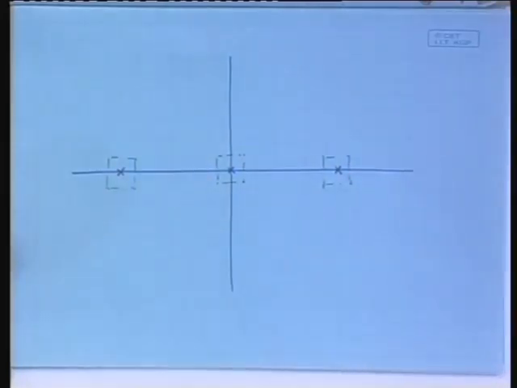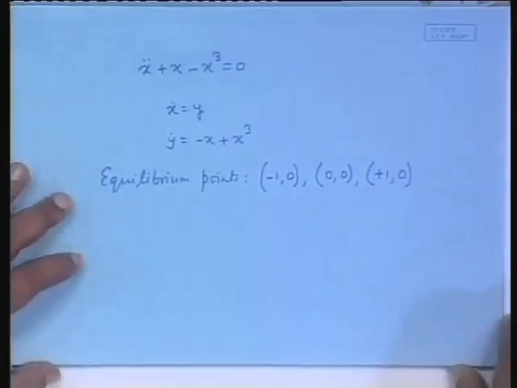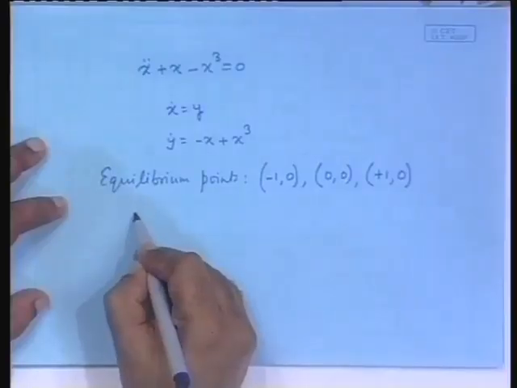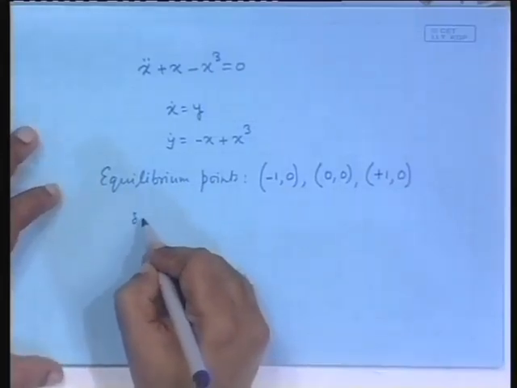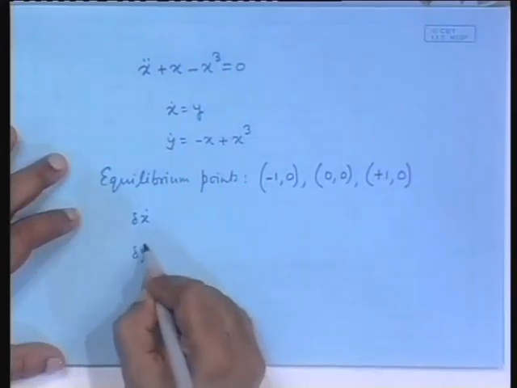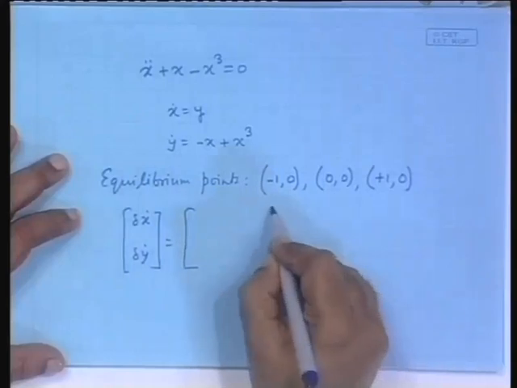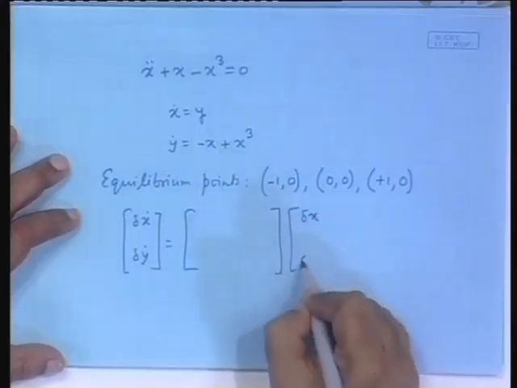How will you do that? We will say that now we are considering the deviation from the equilibrium point. So, the deviation delta x dot and delta y dot will be given as the Jacobian matrix times delta x, delta y.